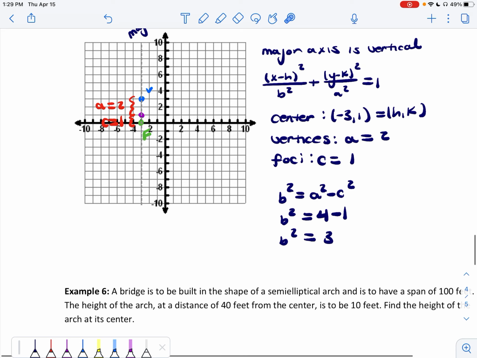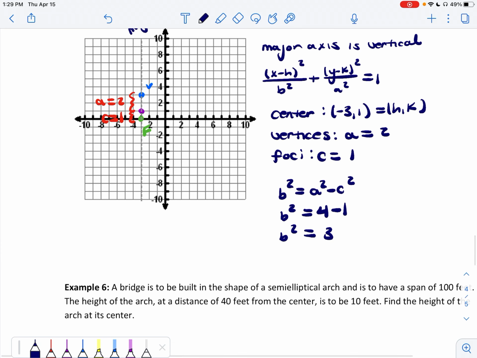All right, so putting everything now into our formula, I'm just going to write it over here. Our center is at -3, 1, so it'll be an x plus 3 quantity squared. We said b squared is 3, so over 3.